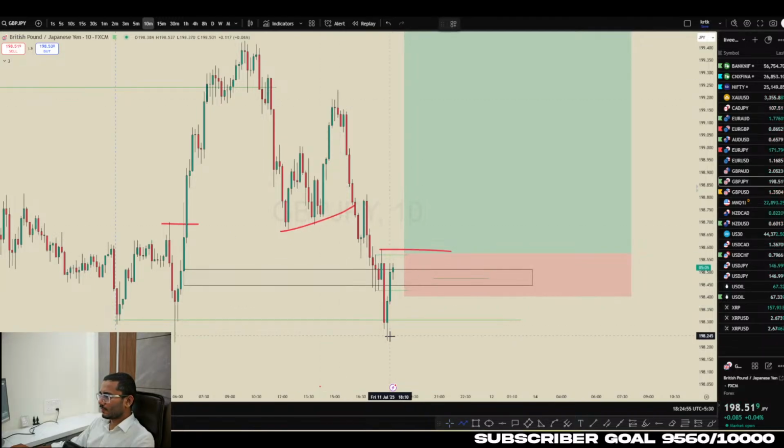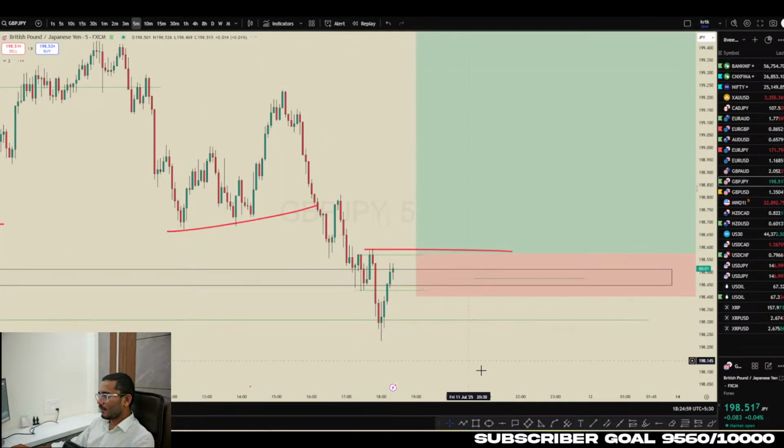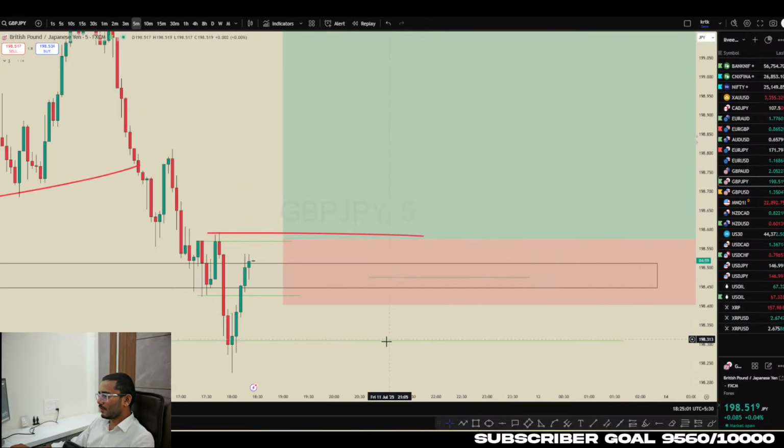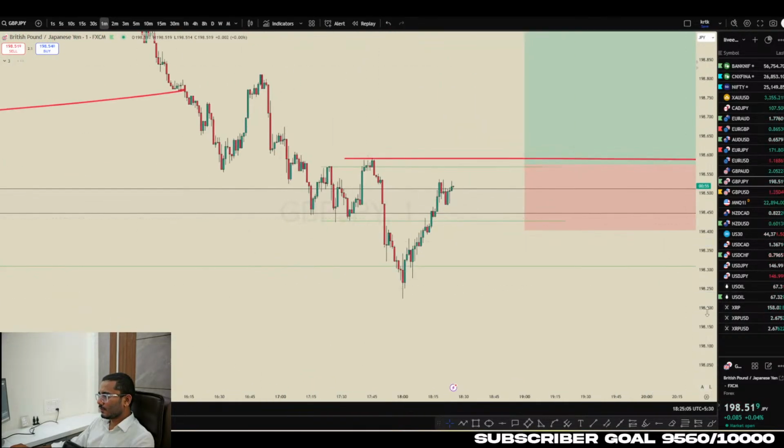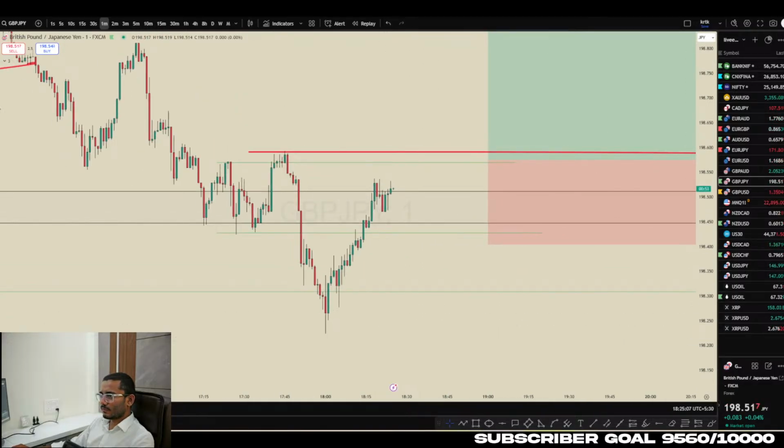For example, if price breaks this, right now we will see a breaker block in action. Price will create a breaker block at this area because price created this order block which broke the structure to the downside, and because of that, price will break this previous structure.